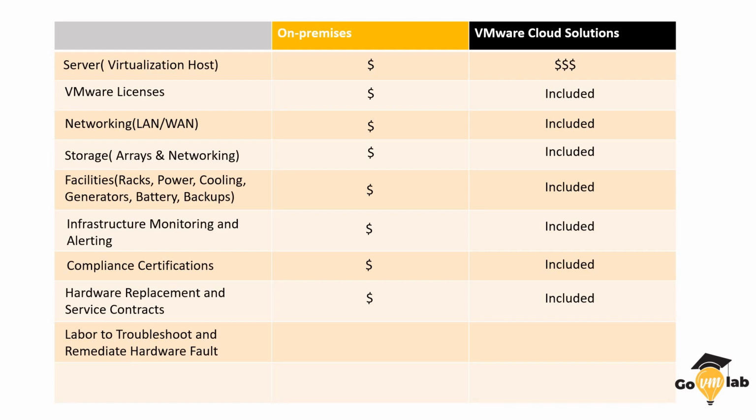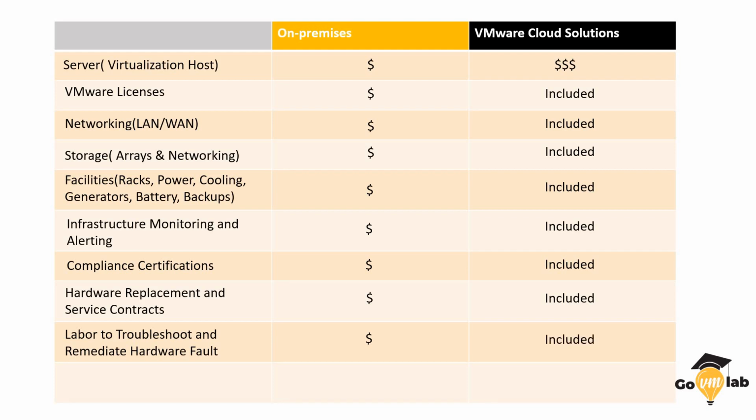As the owner of the entire on-prem infrastructure, we need to troubleshoot and remediate those hardware failures or any kind of infrastructure failure we come across. And that's where, as an organization, I need to invest a huge amount of money in getting this troubleshooting and hardware fault remediation process in place.